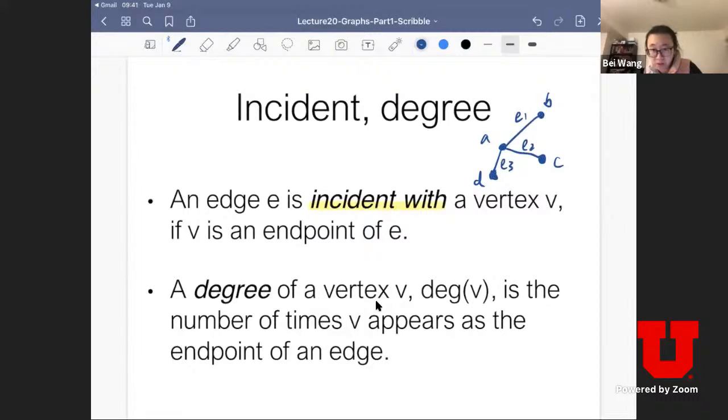So all three edges are incident to A because they have A as an endpoint. The second concept is the degree of a vertex, which is the number of times it appears as an endpoint of an edge. In this particular case, the degree of vertex A is equal to 3 because it's the endpoint of 3 edges.